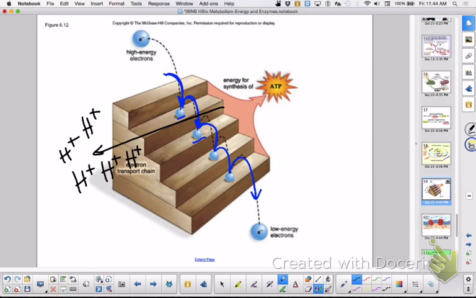That's an ETC, an electron transport chain. When these hydrogen ions go back through this membrane, we can use that to make what? ATP. And this happens on the membranes of both mitochondria and chloroplasts.